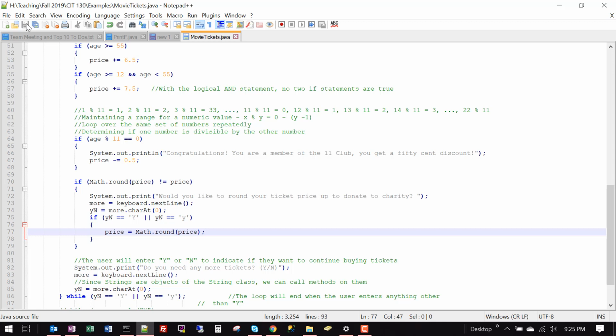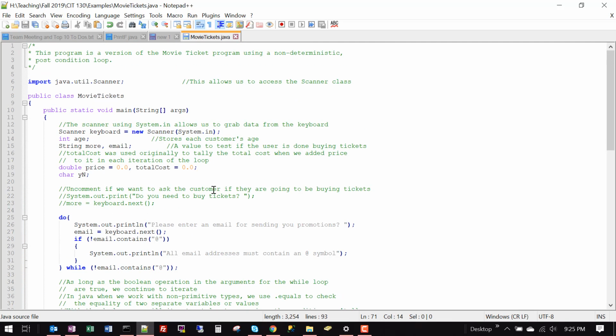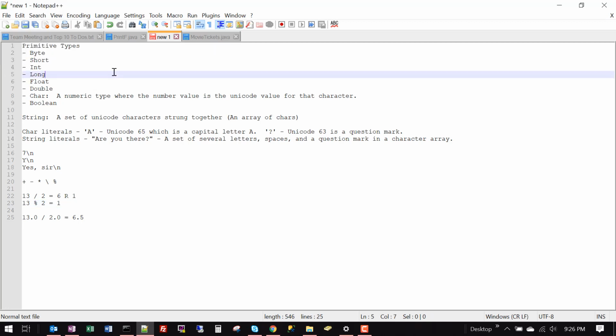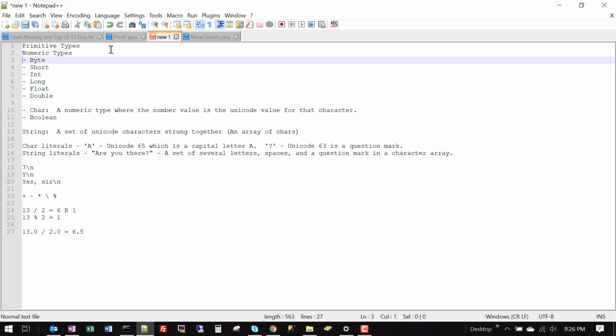So now I want to talk about one more thing about numerical values. If we go back here, we have our numeric types, and I'm going to specifically focus on the numeric types that we use as numbers.